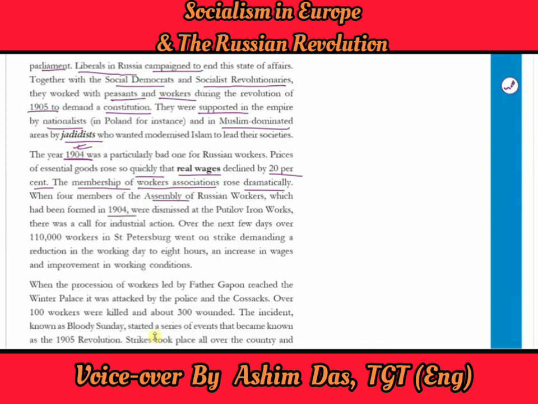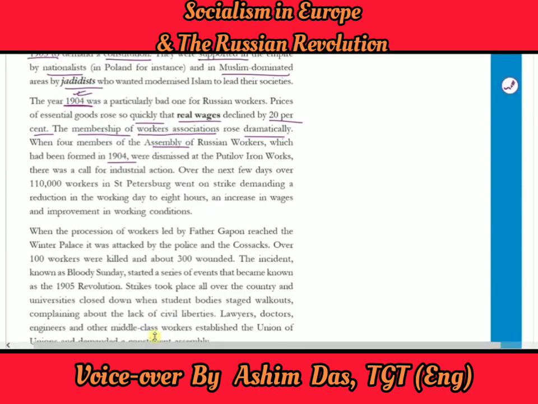When four members of the Assembly of Russian Workers, an association formed in 1904, were dismissed from the Putilov Iron Works, a factory, there was a call for industrial action.